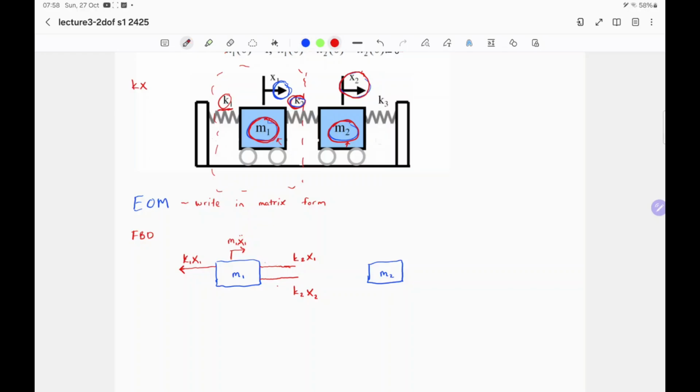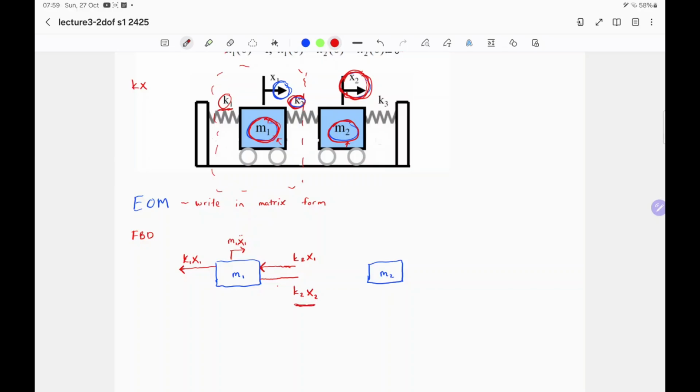But how about K2 x2? We know that x2 is moving to the right hand side. Does it mean that K2 x2 for mass 1 will move to the right? No, not yet. So it's better that we leave this one first.